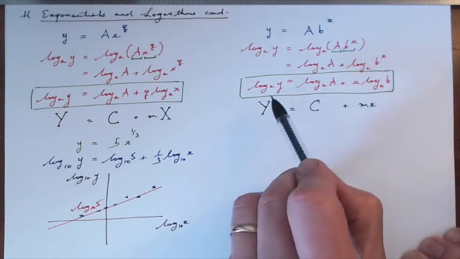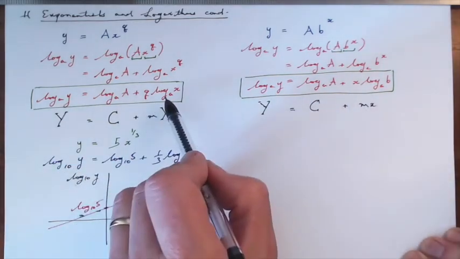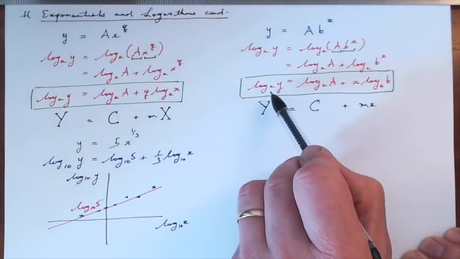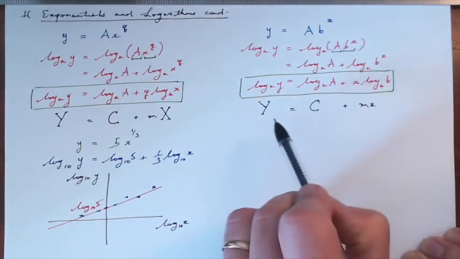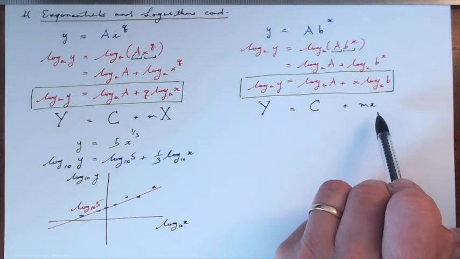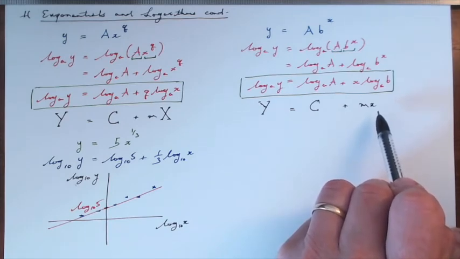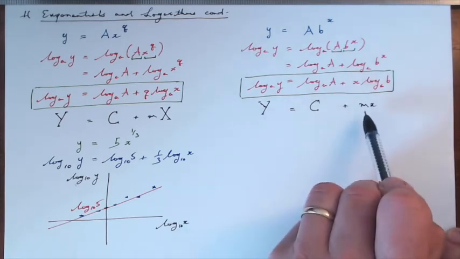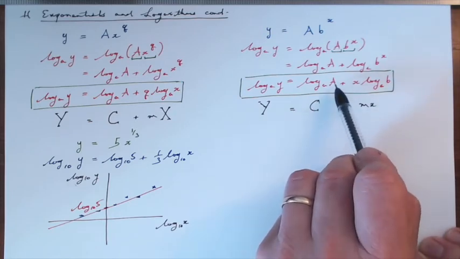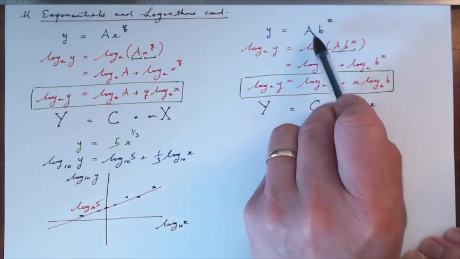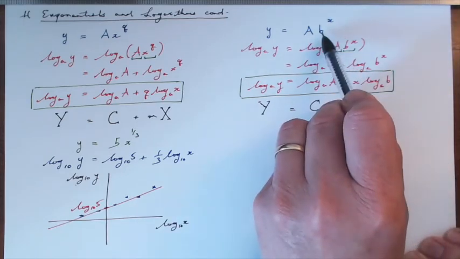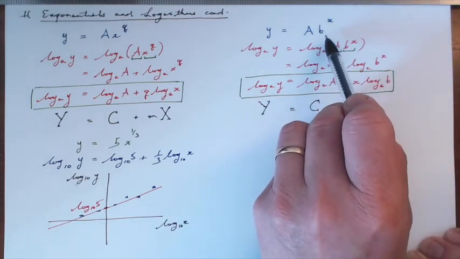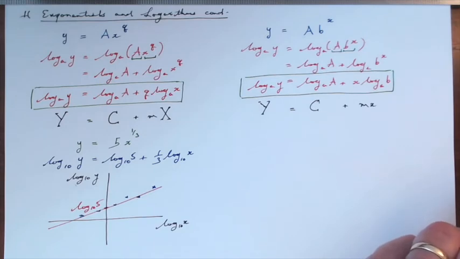So instead of plotting log y against log x, which is what we did in this case, we actually want to plot log y against x directly. This would be called a log linear plot, okay? And the y-intercept would give us information about this constant outside, and the slope will give us information about the base of the exponential.